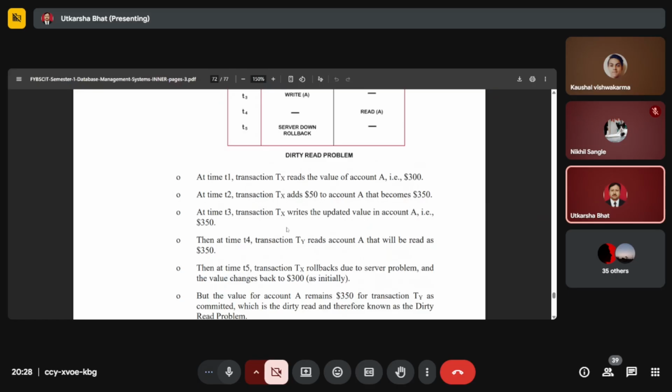Then at the time of T5, transaction Tx is rolled back due to the server problem, and the value changes back to $300 as initially.